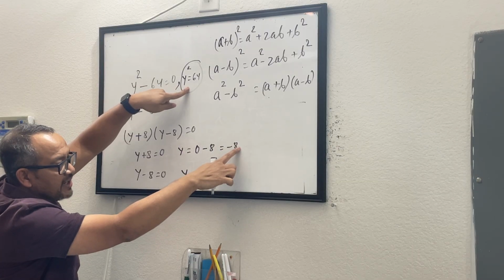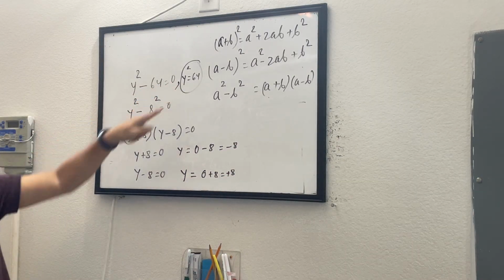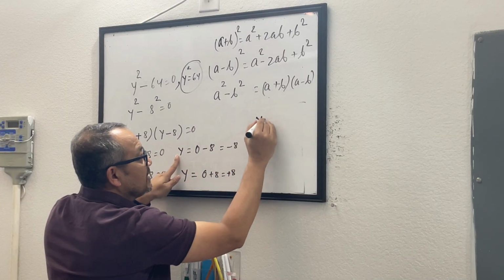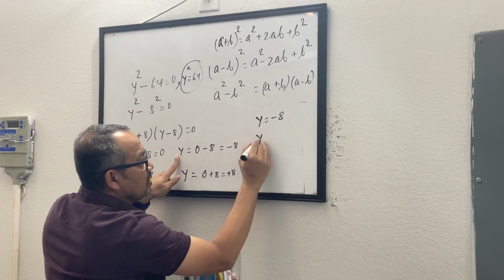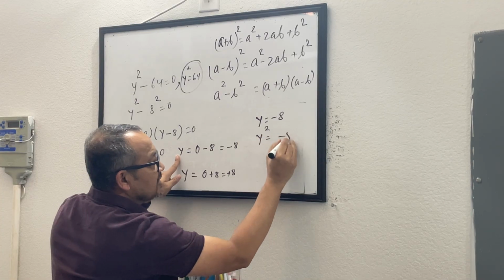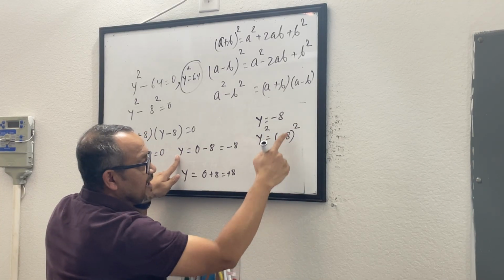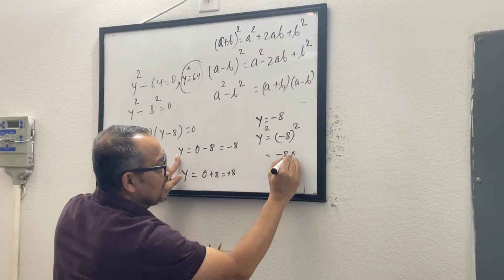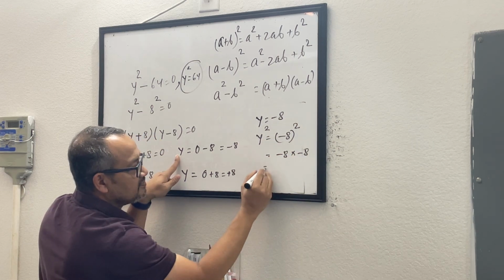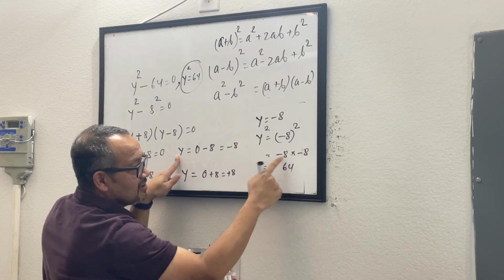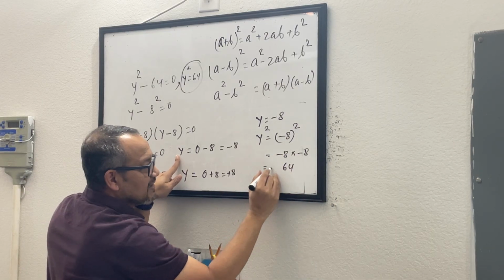When y is minus 8 or y is plus 8. Let's see. For this value, y equal to minus 8. When y is equal to minus 8, what is the value of y square? Minus 8 square. So minus 8 square is minus 8 into minus 8. 8 into 8 is 64 and you are multiplying the signs also. If you have the same signs, that becomes plus.